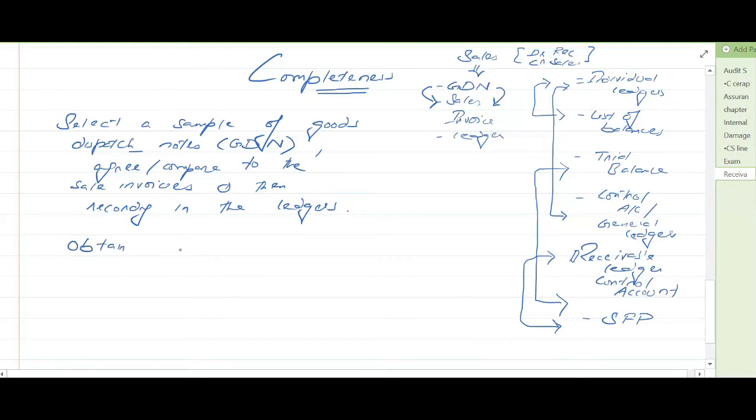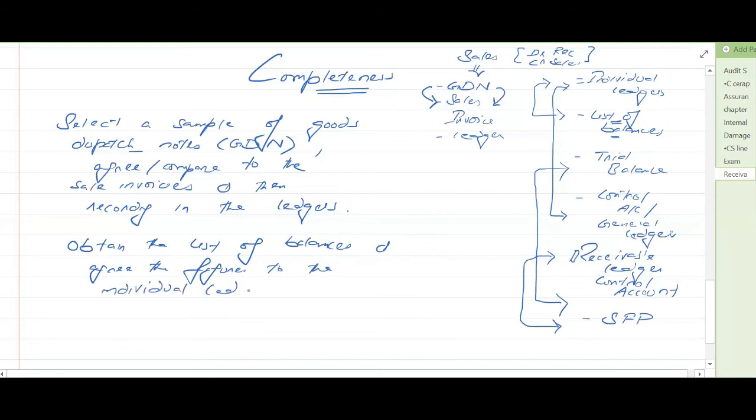Obtain the list of balances in which there are all the receivables which have been recorded. Obtain the list of balances and agree the figures to the individual ledgers. These figures should be the same.